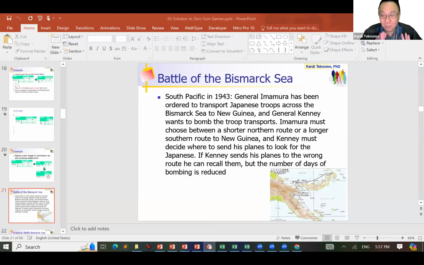Remember, this is 1943, still very low tech compared to today, so they need to get the correct guess. If Kenney sent his planes to the wrong route, of course he can recall them, but the number of days of bombing will be reduced.